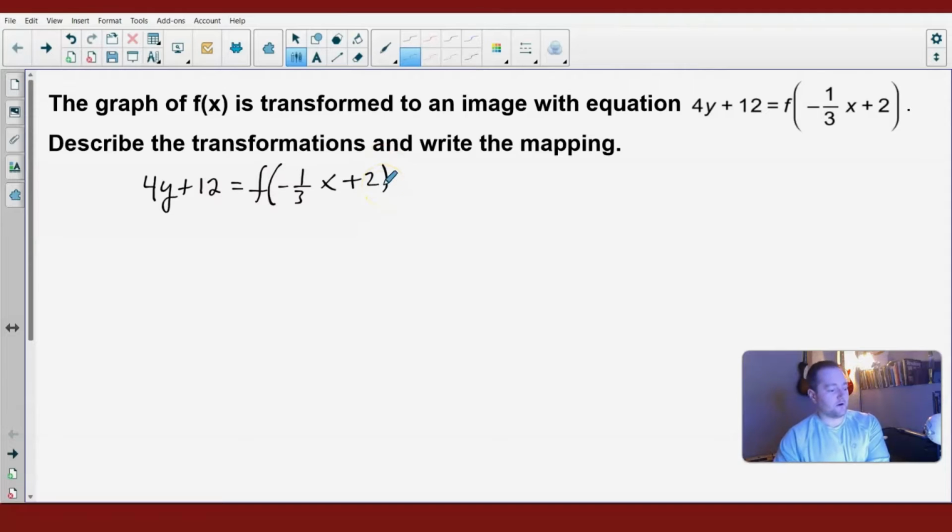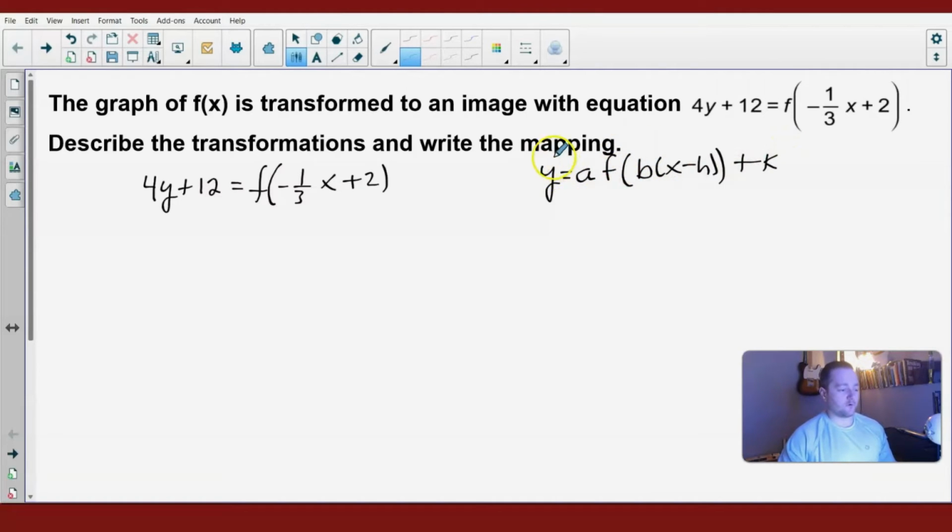What you notice here is we're shooting towards this form: y equals a f of b(x minus h) plus k. That's my preferred form to work with. There are other forms, but this is the one that I like to work with.